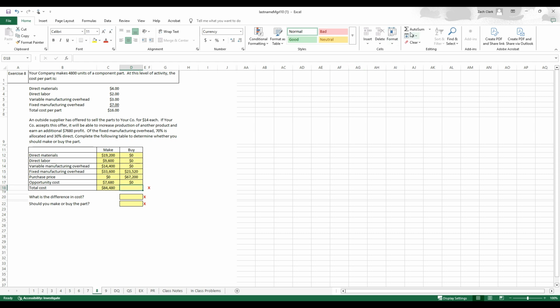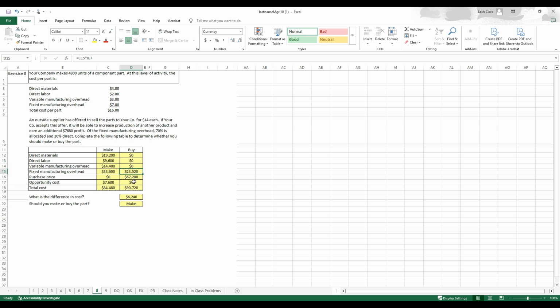So there's the cost to make, and here's the cost to buy. So the difference in cost, then, if we buy it, then we're going to incur $6,240. So looks like we should continue to make the product, right?